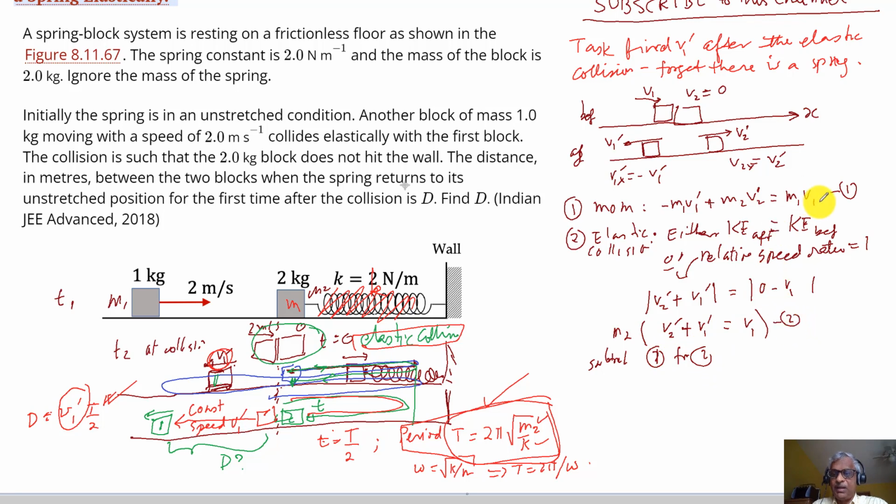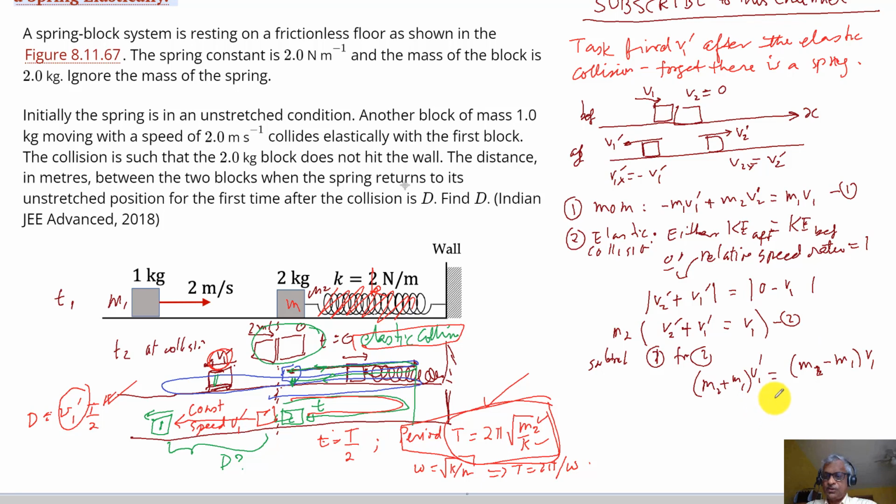So this minus that. On the right side, I'm going to get m2 minus m1 times v1, and on the left side I'm going to get m1 plus m2 times v1 prime.